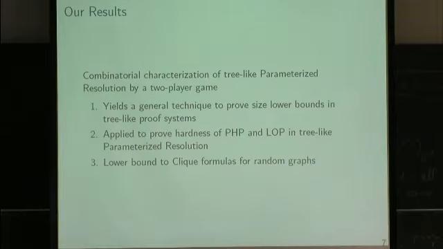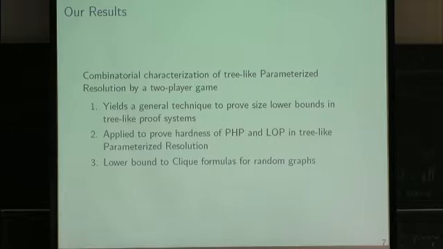What I want to tell you more about now is some proof technique that can show lower bounds in these tree-like systems, also in the parameterized world. And in fact, what I will introduce to you next is a two-player game that yields a general technique to prove size lower bounds in tree-like proof systems.